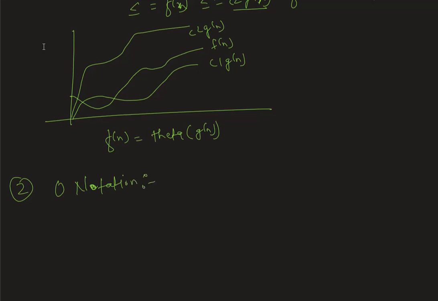The theta notation bounds a function from above and below, but big O notation defines only an upper bound of an algorithm. It bounds a function only from above.